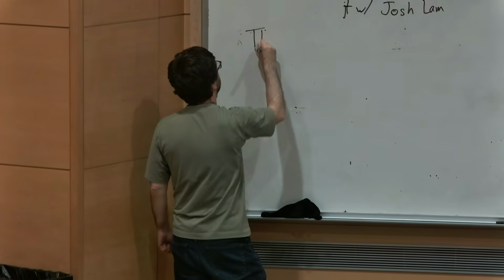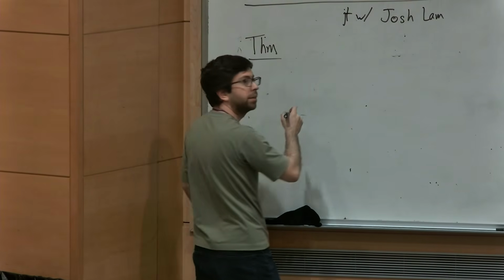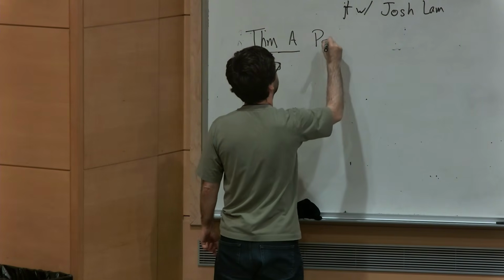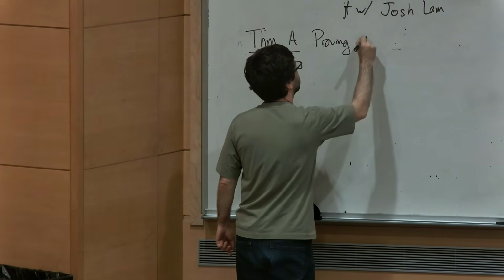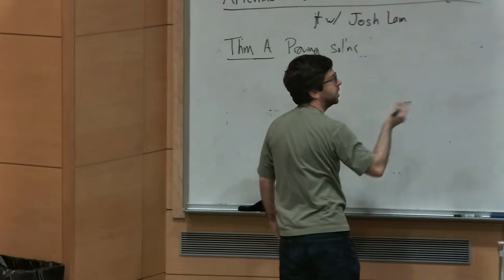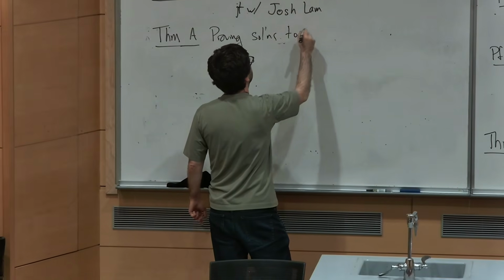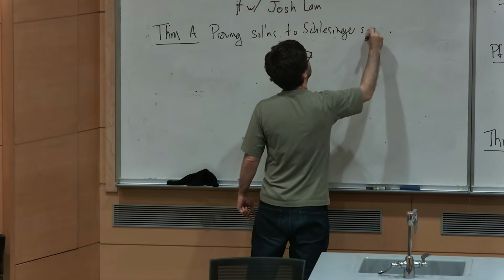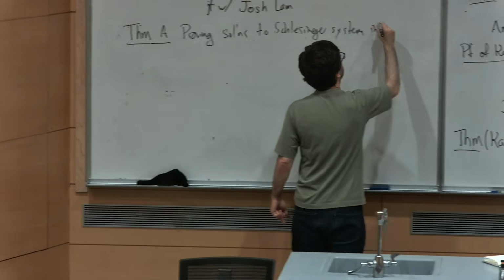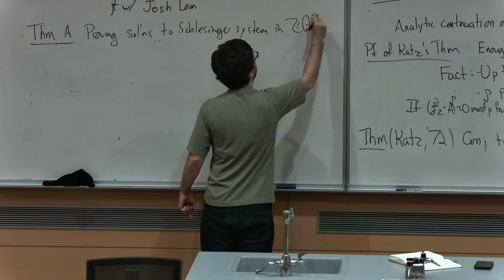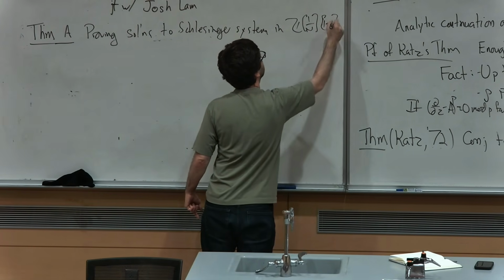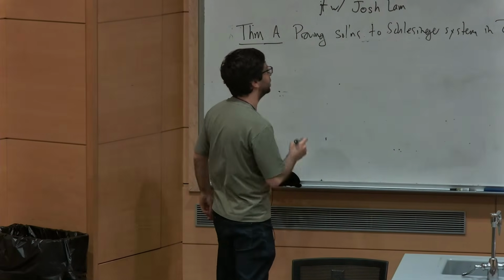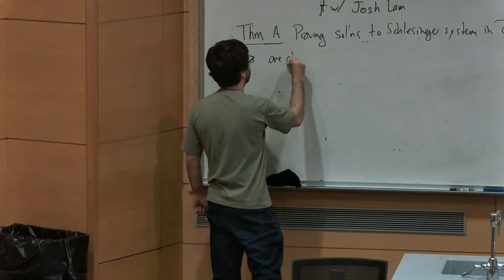Okay, so let me tell you the main theorem of the talk. Well, maybe Theorem A is proving that solutions to the Schlesinger system in Z adjoin 1 over n double bracket C, so solutions whose Taylor coefficients have only finitely many primes in their denominator, are algebraic.